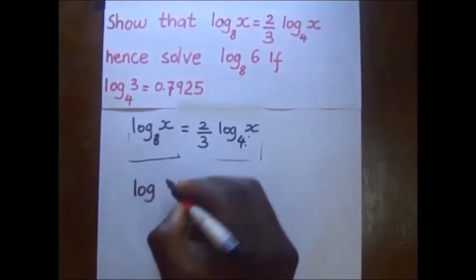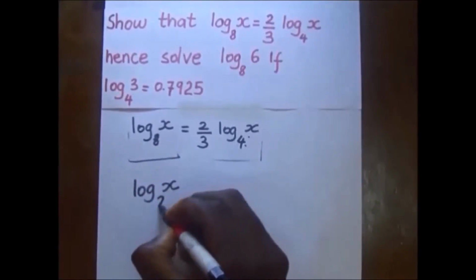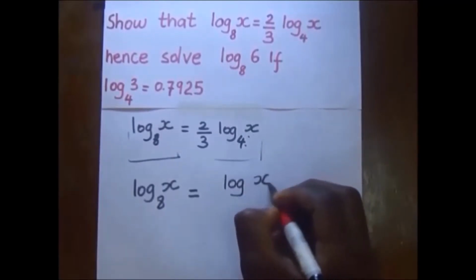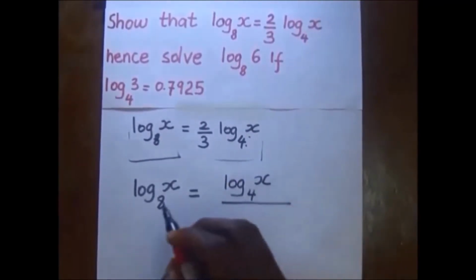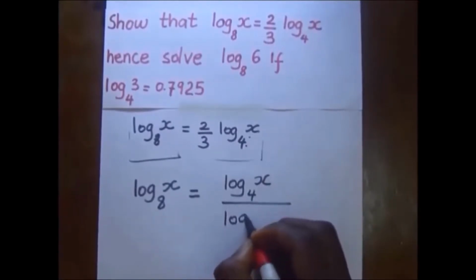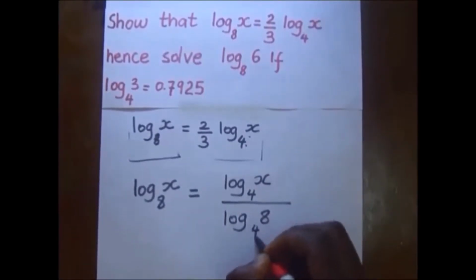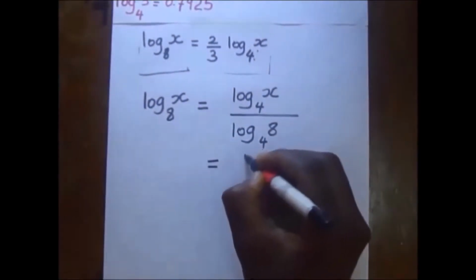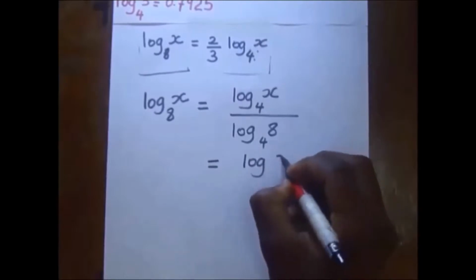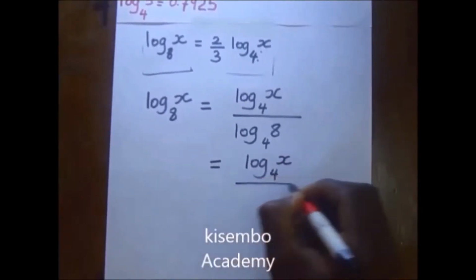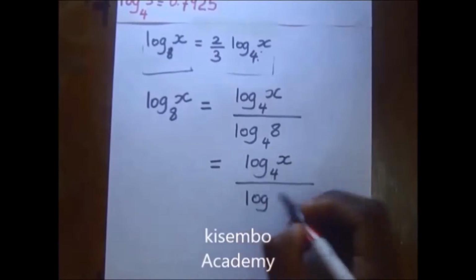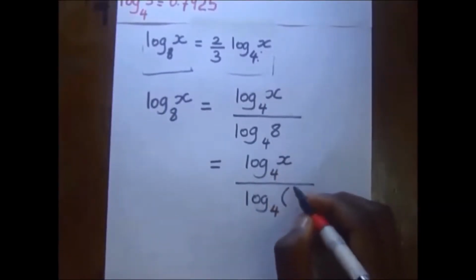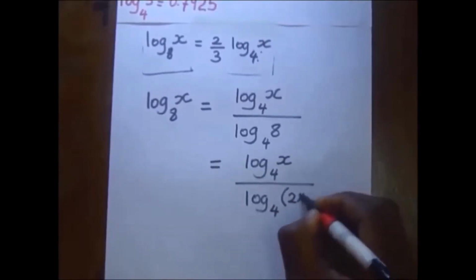So it's going to mean that log base 8 of x is going to be equal to, converting it to base 4, log of x base 4, divided by log of 8 base 4. So if we continue with our calculation, that will be equal to log of x base 4, divided by log base 4 of, now 8 here is as I'm saying 2 times 4.